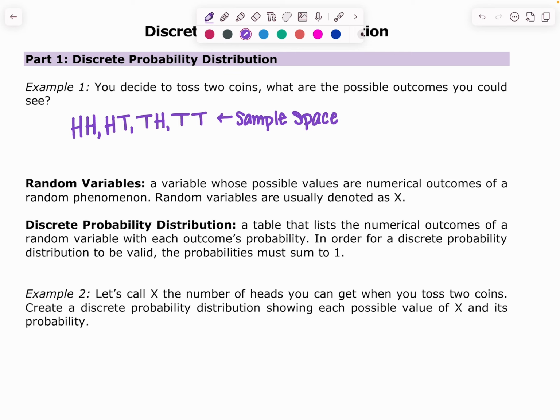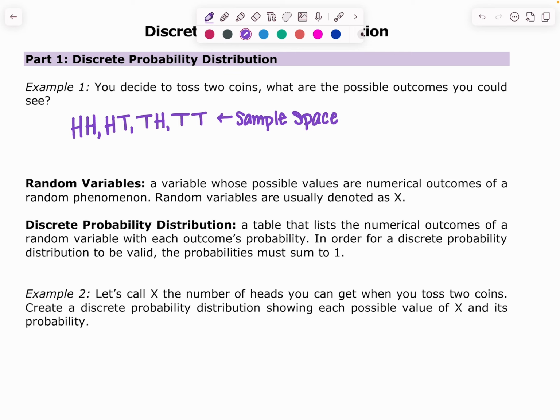Random variables are usually denoted as X. So instead of thinking about the outcomes in terms of heads, heads, heads, tails, tails, heads, tails, tails, we're going to be thinking about the outcomes in terms of how many heads did I see, or how many tails could I see? And that random variable is going to be denoted as X.